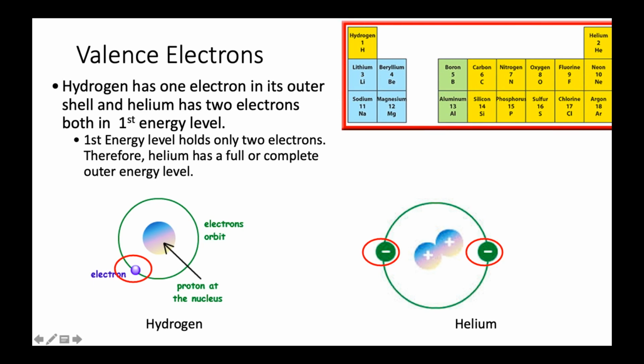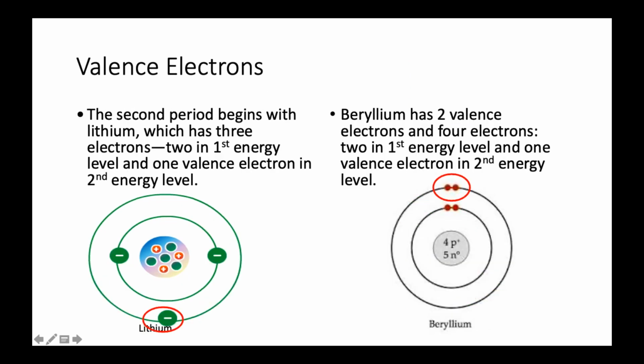As we continue to go through our periodic table, we're going to see some trends emerge. Notice hydrogen was here and helium was down here. First row, first column, 1 energy level. Last column, full energy level. So let's see what happens here. Period 2 has 2 energy levels. So lithium and beryllium both have 2 energy levels because they're both in period 2.